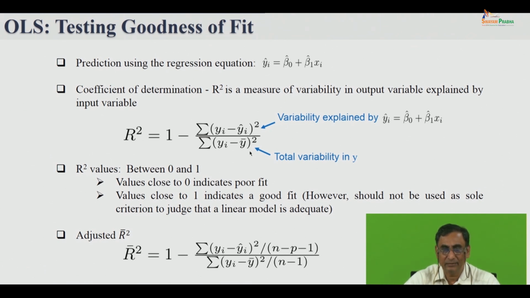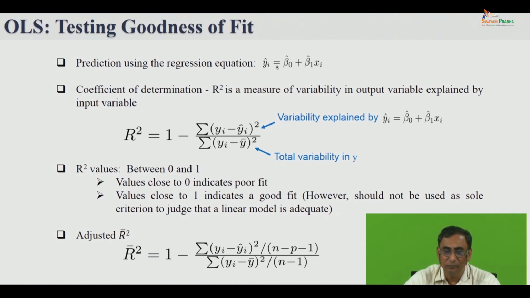The denominator is the variability in yi. What do you mean by that? That is, if you are given just yi and try to find out how much variance there is in the data, this particular thing divided by n, of course, gives you the variance of y. So you can say this much variability exists in the data. Suppose I build the model, okay, and try to predict yi.